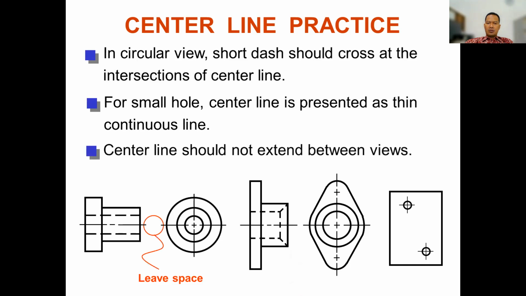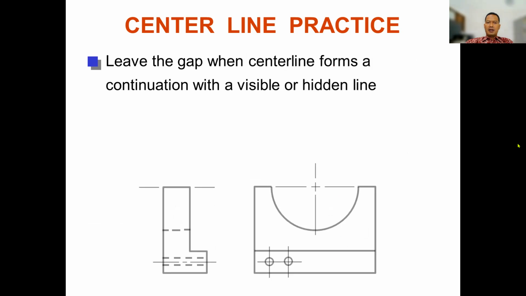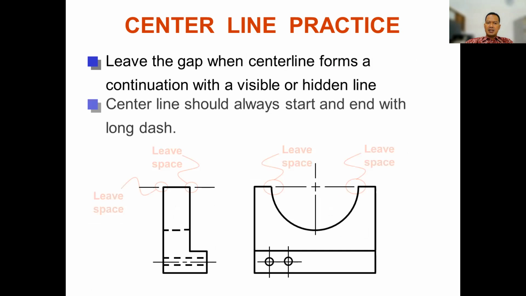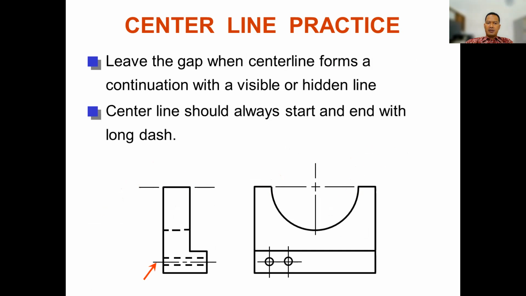And the center line should not extend between views, so leave space between views. Leave a gap when the center line forms a continuation with a visible or hidden line. You see, leave space here. Center lines should always start and end with a long dash. This is a long dash.